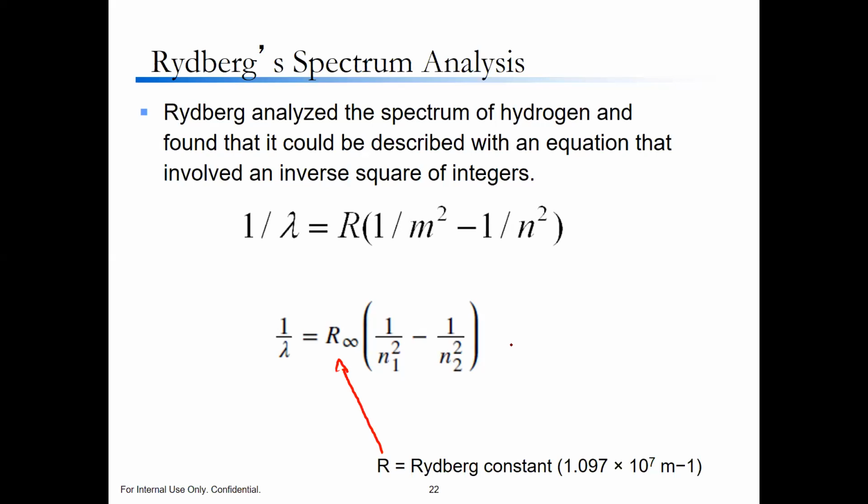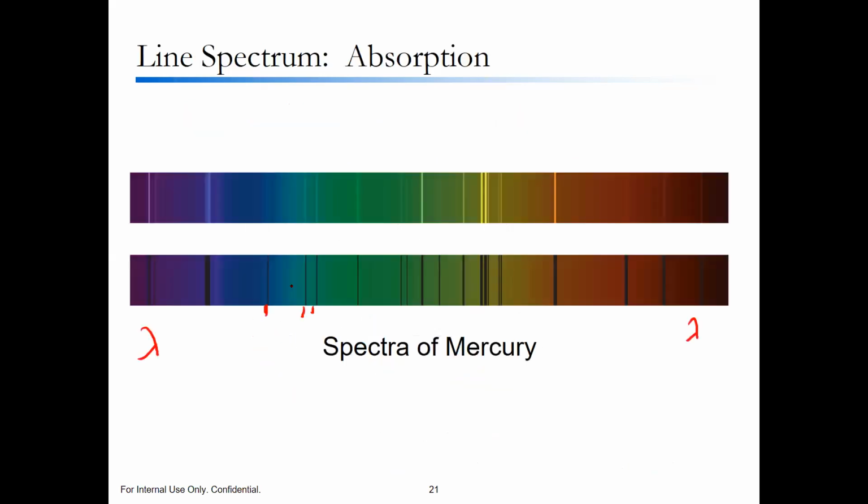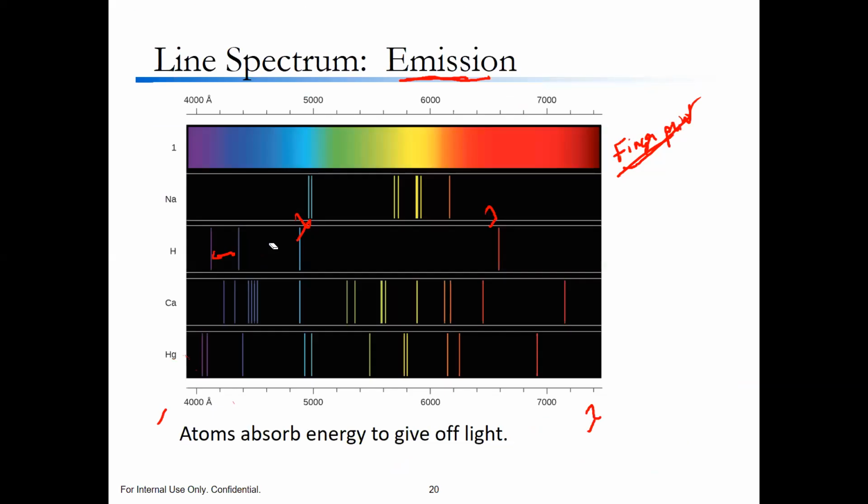And this n has to be an integer, a whole number. It can't be 1.1 or 1.2, it has to be 1, 2, 3, 4. And this equation predicts hydrogen. Not sodium, not calcium, only hydrogen. Nobody's ever figured out a formula for the other elements. It's too complicated. But he figured it out for hydrogen. So this one, this one, this one. How did he figure it out?